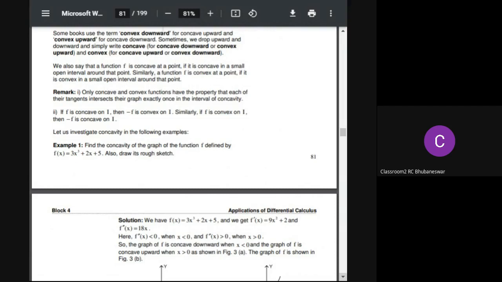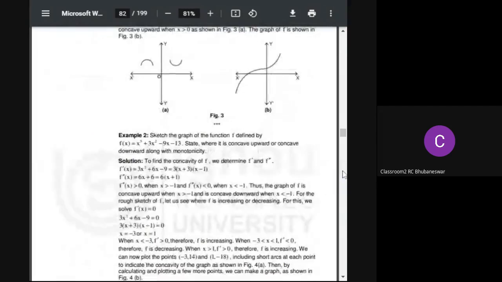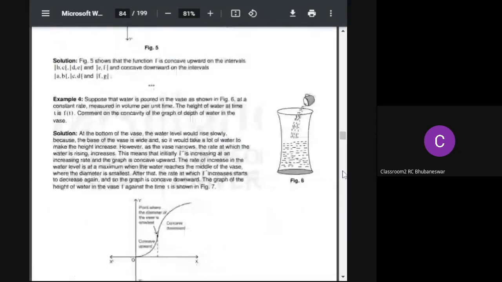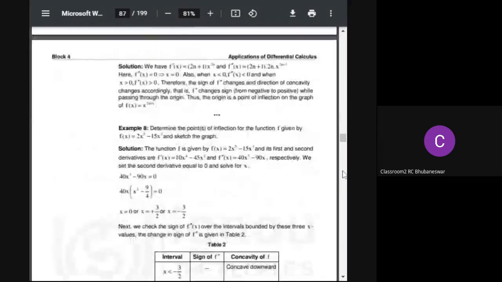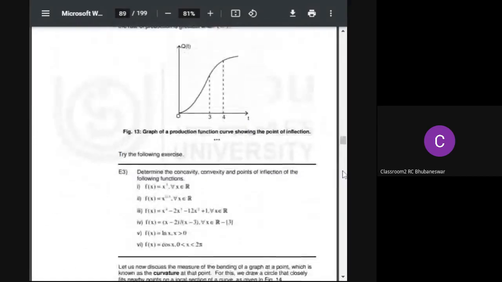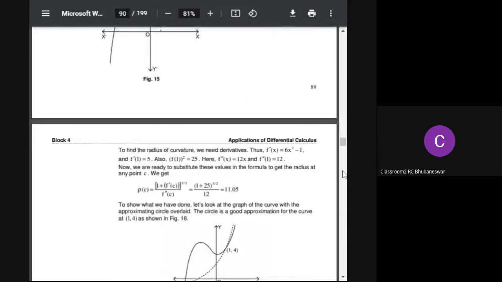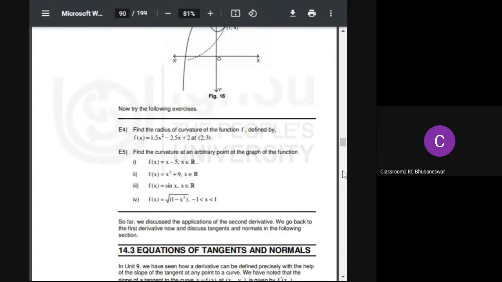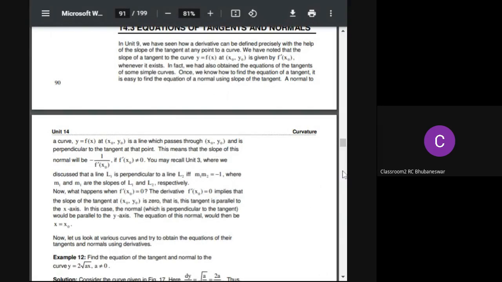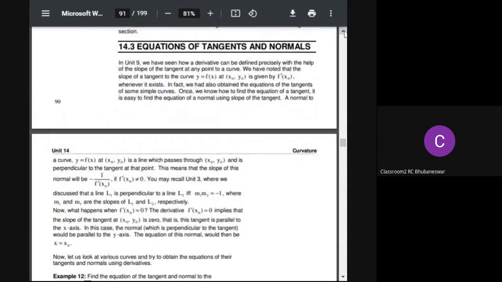So here, now let us move towards the equation of tangent and normal to the curve, that is on page number 91. So let us move to page number 91, and here we are going to discuss the equation of tangent and normal to the curve.